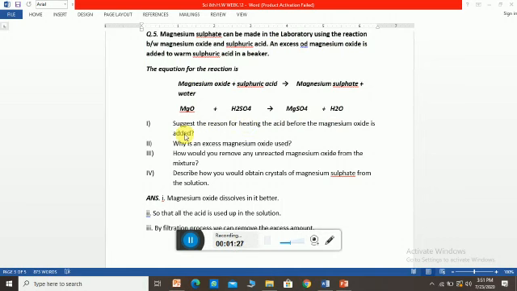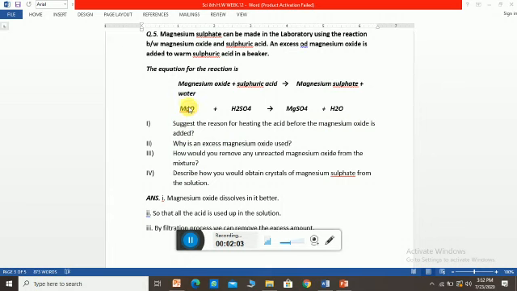If you remember, in those 4 topics we discussed the 4 ways through which we can make salt by using acid and different substances: acid and alkalis, acid and metals, acid and carbonates, and acid and metal oxides. So this reaction belongs to when acid reacts with metal oxides.